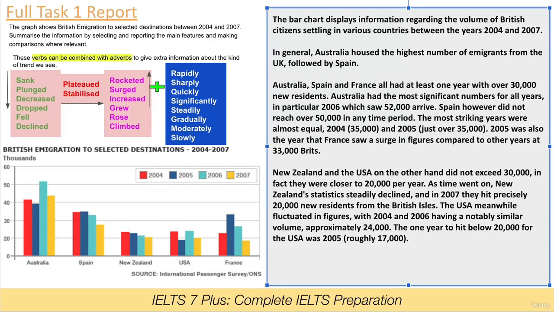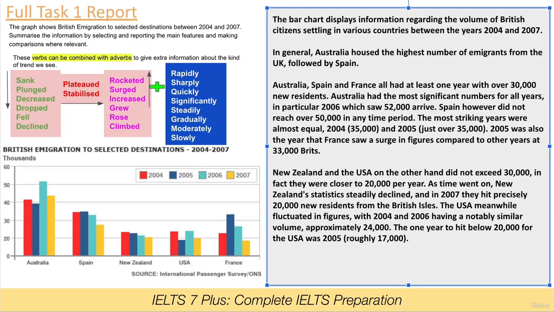Okay, let's read this back and see how it's sounding. New Zealand and the USA, on the other hand, did not exceed 30,000. In fact, they were closer to 20,000 per year. As time went on, New Zealand's statistics steadily declined, and in 2007 they hit precisely 20,000 new residents from the British Isles. The USA, meanwhile, fluctuated in figures, with 2004 and 2006 having a notably similar volume, approximately 24,000.